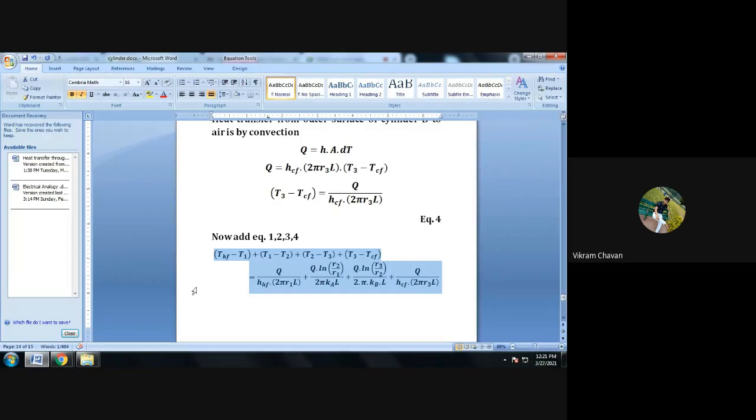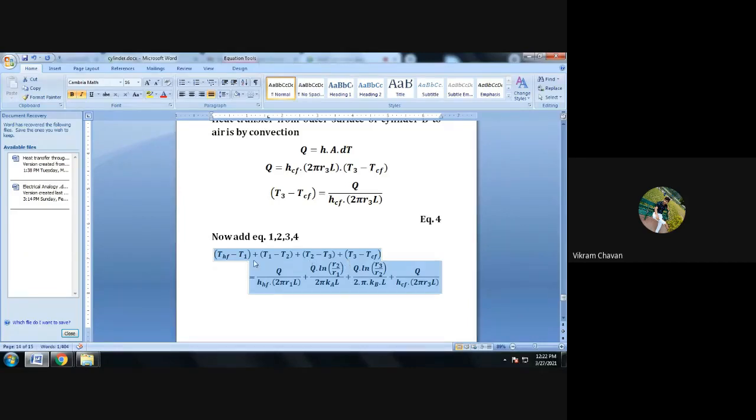Now focus on the left hand side: minus T1 plus T1 is cancelled, minus T2 plus T2 is cancelled, minus T3 plus T3 is cancelled.